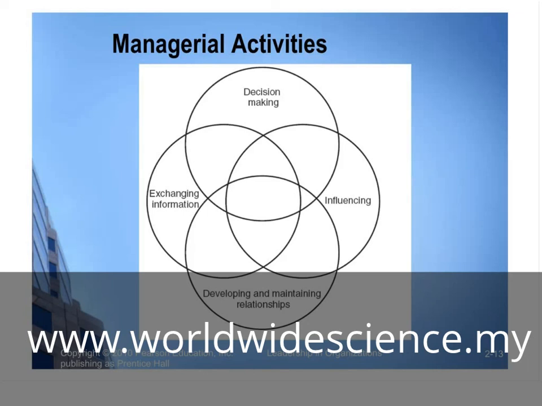So that information is really important. As you can see, there are overlaps. When you make decisions, you make them largely based on information, and then you influence others, and then you develop relationships. So there is overlap.